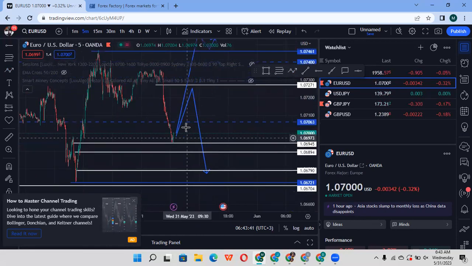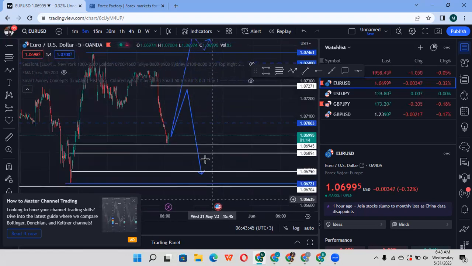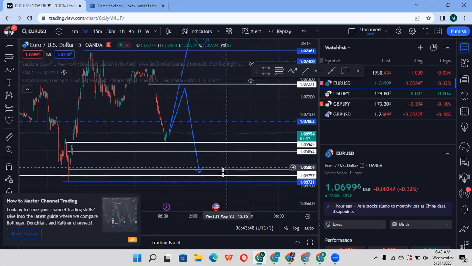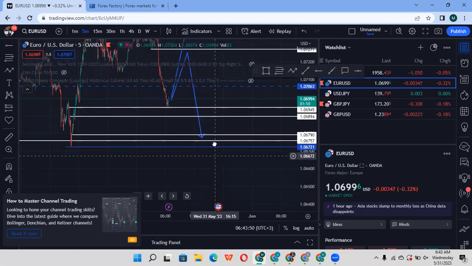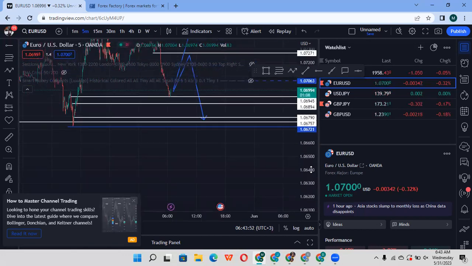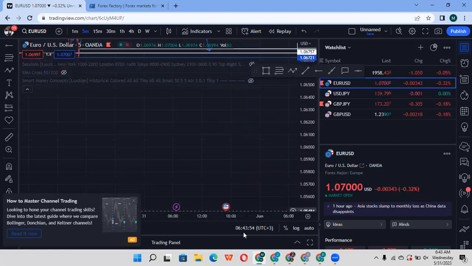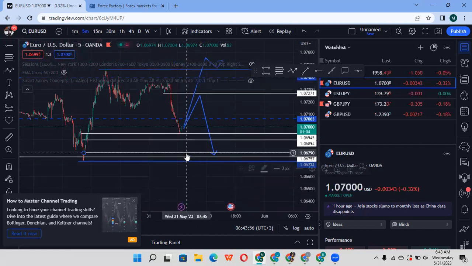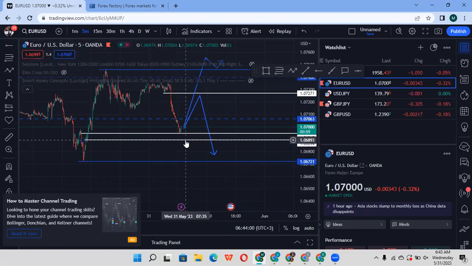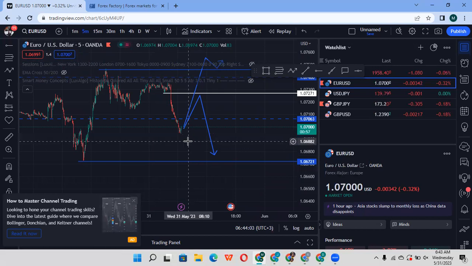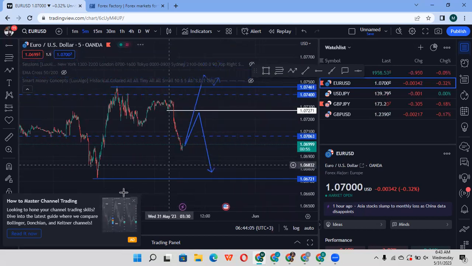If it comes, taps into this zone, continues breaking, breaks this low of day, breaks previous low of day, and also breaks this previous low of day, I will know that we are moving towards the downward direction. So always wait for price to make its movements. Okay, so that is the strategy.